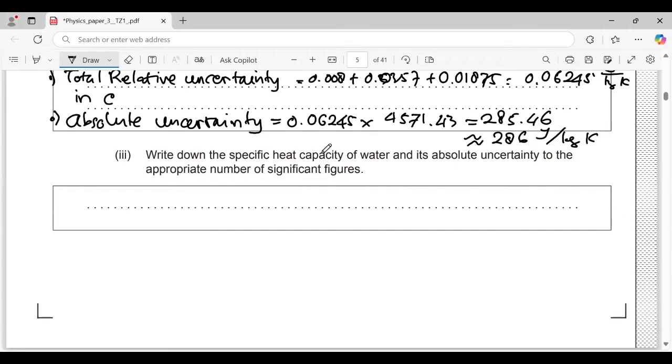Write down the specific heat capacity of water and its absolute uncertainty to the appropriate number of significant figures.